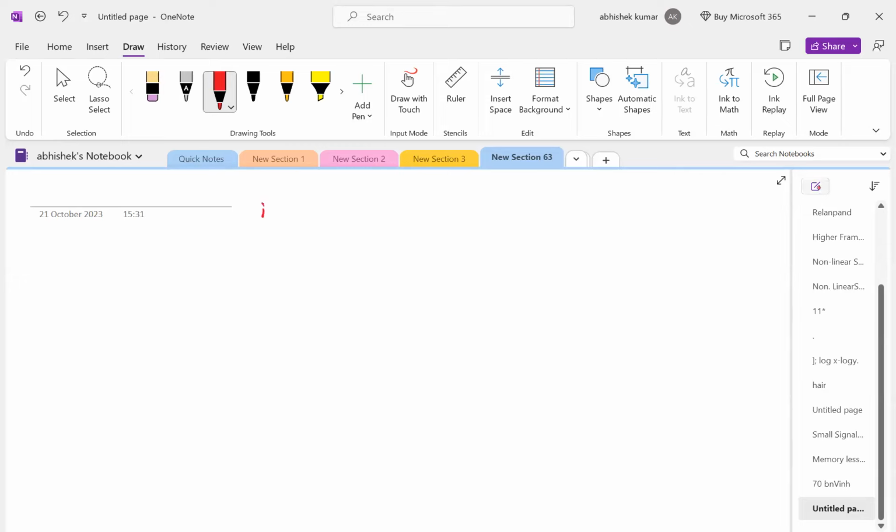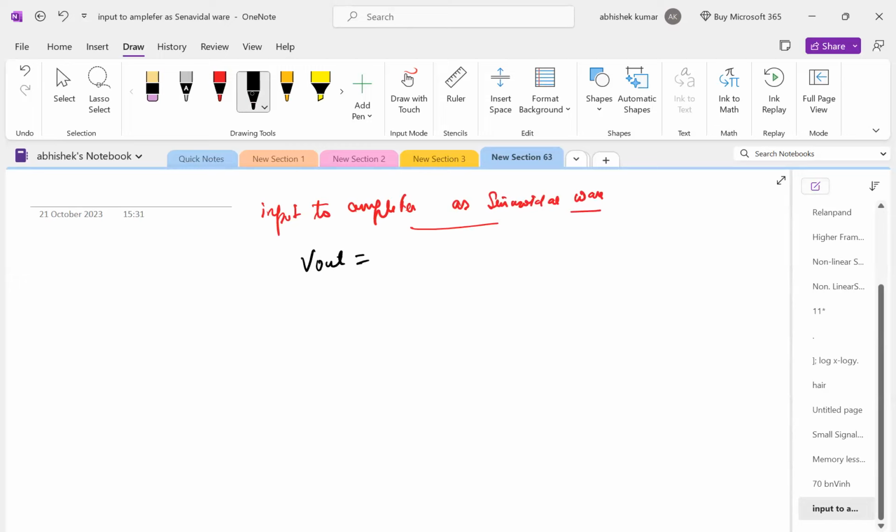If we send a sinusoidal wave as input to the amplifier, we will have V output, for n equal to odd, as bn a to the power n, 1 by 2 raised to n minus 1, cos of n minus 2 omega t.